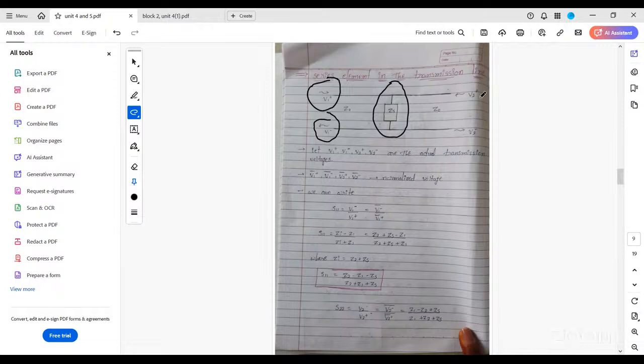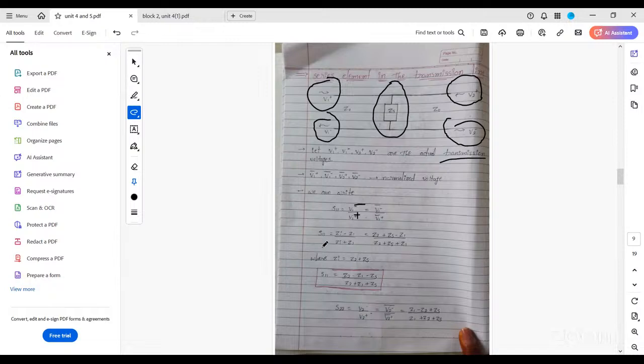Next, V2 plus means inside voltage, V2 minus means outside voltage. All these voltages are called transmission voltages. Next, S11 equals output by input. Output is represented with a minus sign. Input is represented with a plus sign. Here I am calculating S11, the first parameter.